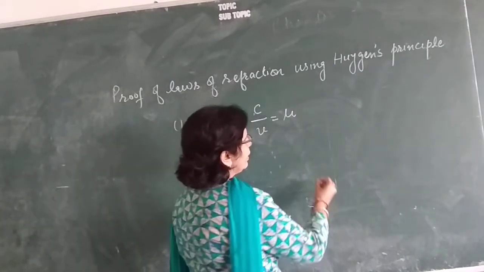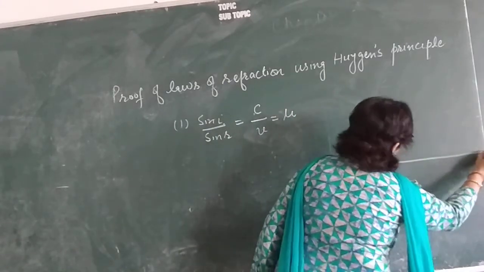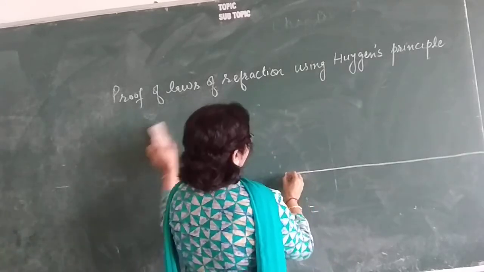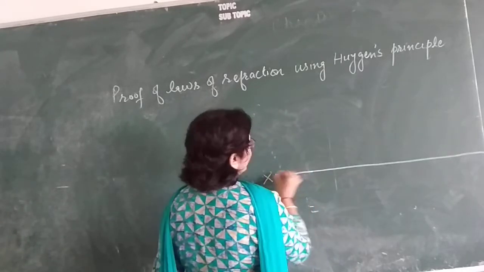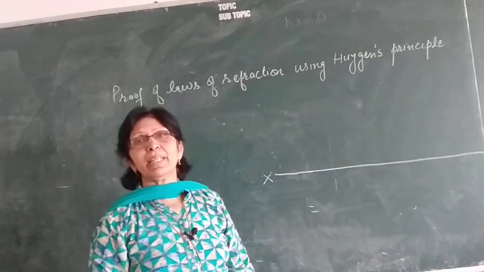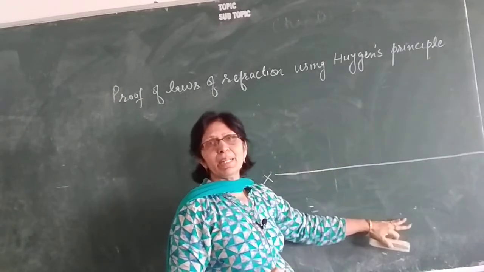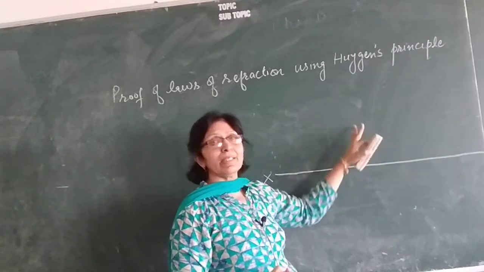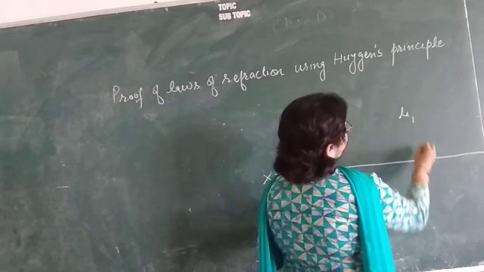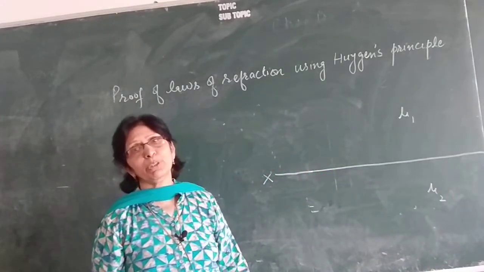So for this purpose I am taking a refracting surface. Let the refracting surface be XY. Refracting surface means that the refractive index of this medium and this medium differ, say one is rarer, another is denser, and I can take the refractive indices of these two mediums as mu1 and mu2.